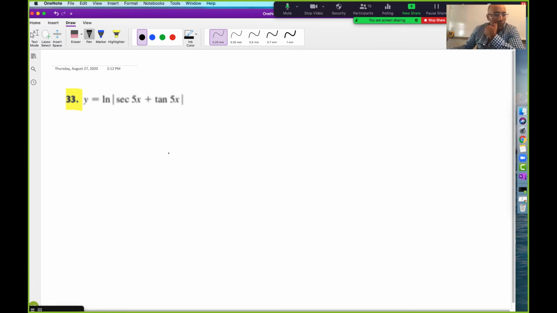Okay, so remember that one of our properties was that if we have ln of the absolute value of x, and we want to find the derivative with respect to x of that, this is equal to 1 over x. Good. And now if we couple it with the chain rule, then this is going to be a really easy answer. So we have y equals this function, and we want to find its derivative, so let's use this notation. Y prime is going to be equal to 1 over whatever is in there.